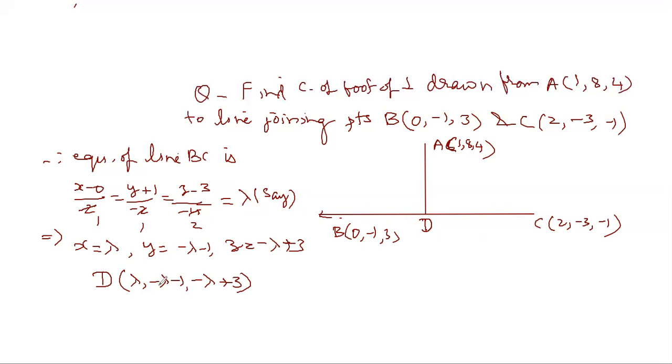But AD is perpendicular to this one. So you can find the direction ratios of AD and of BC. Direction ratios of BC are 1, minus 1, minus 2.